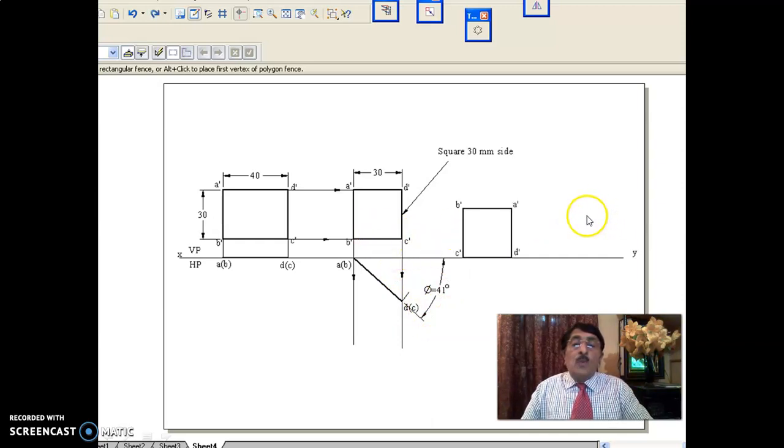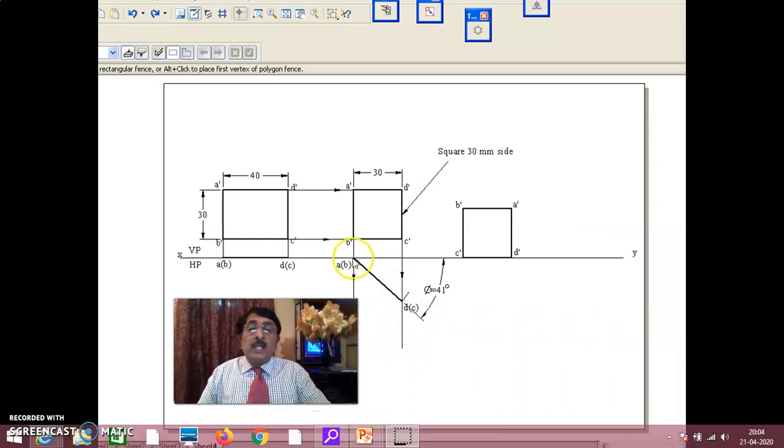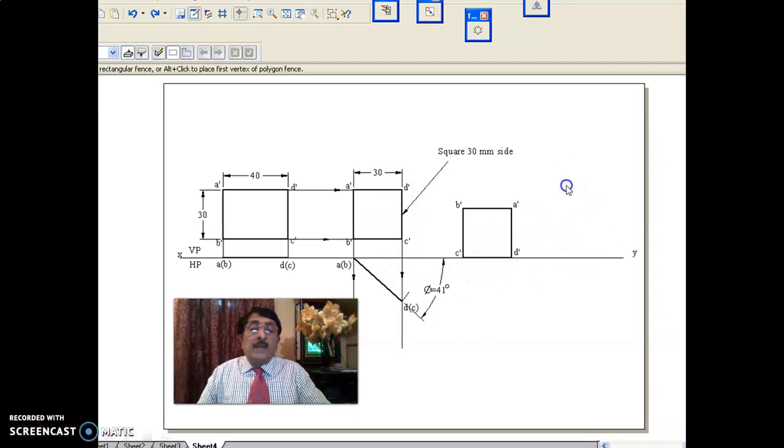Now you see what they have said is, AB is in VP already, and I made C dash D dash on the XY line. That means edge in VP, opposite edge is C dash D dash, and the opposite edge is touching HP. In that way, you put C dash D dash on the XY line and get the top view.